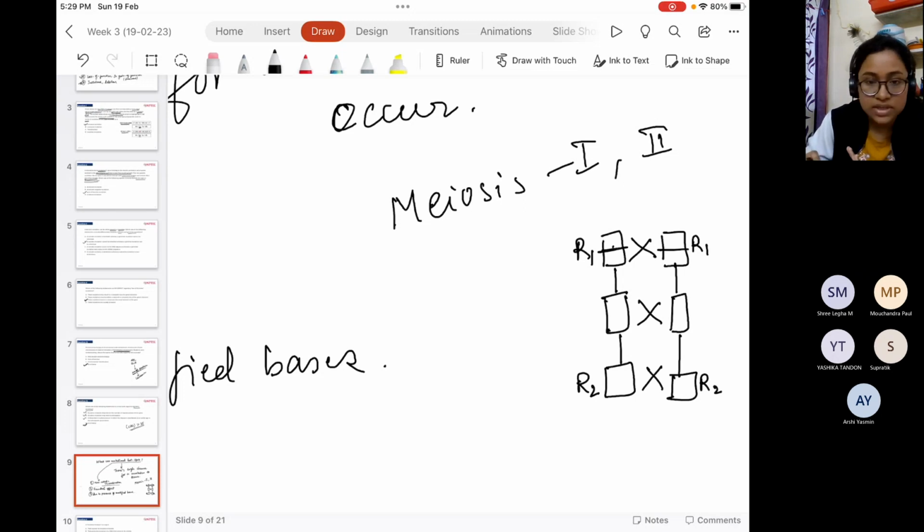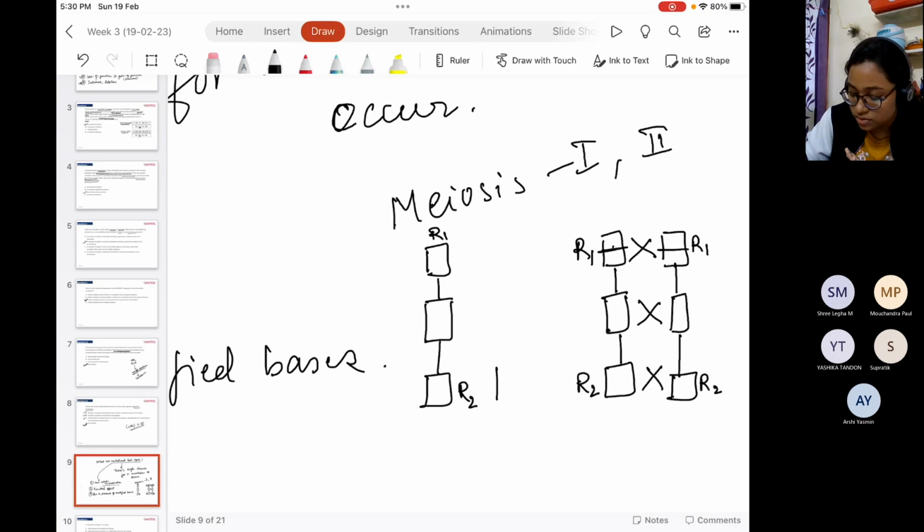But if there is misalignment, then what can happen? Say this is R1, and due to misalignment, here's R1 and R2. This is for the other pair of chromosomes.